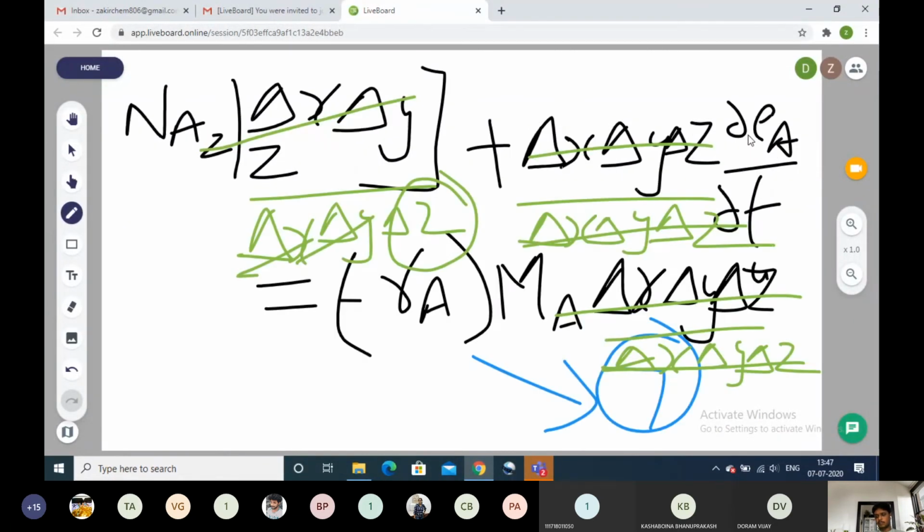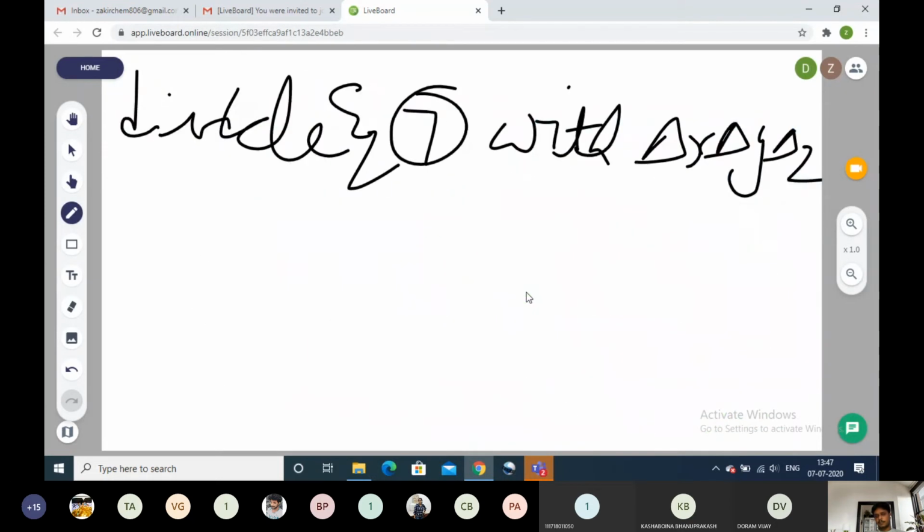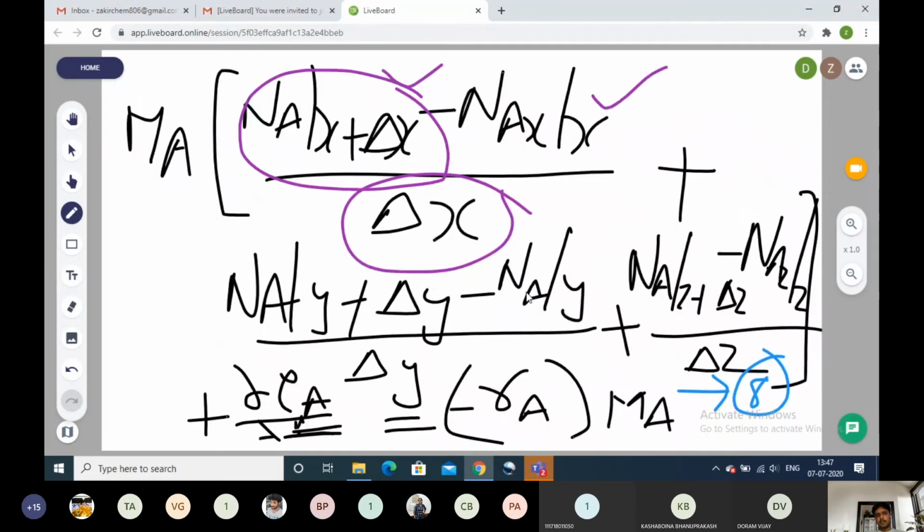For simplicity, to avoid complexity, I have just written this division operation here, delta x delta y delta z. Then we cancel out the common terms. After cancelling the common terms, we will get the final equation as this one. These are the total leftover terms. In this equation, equation 8, we can see that this is a complex value.